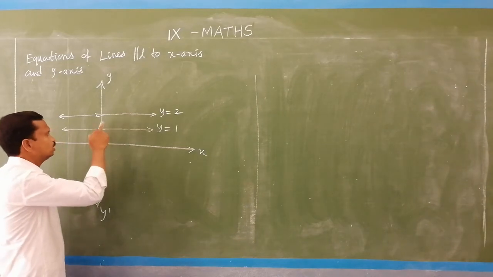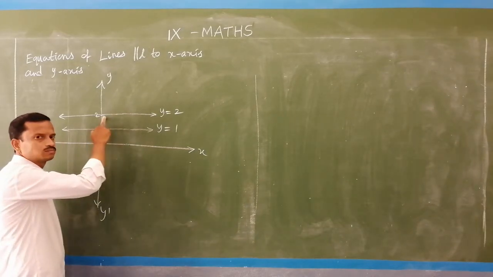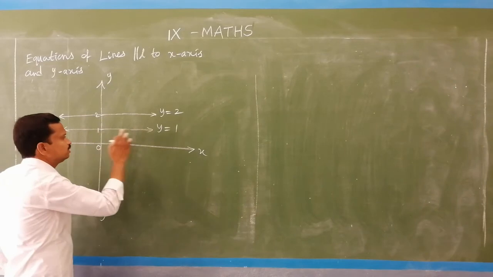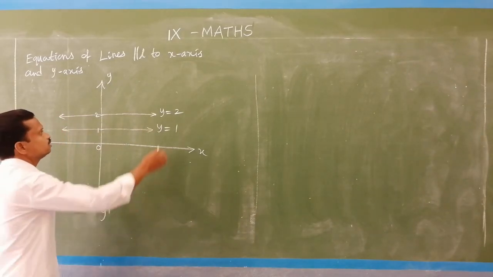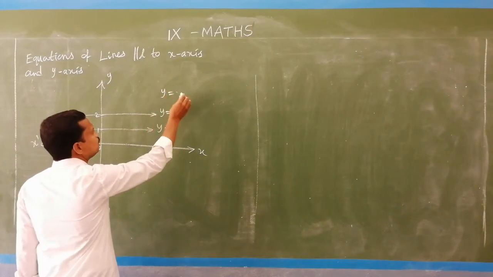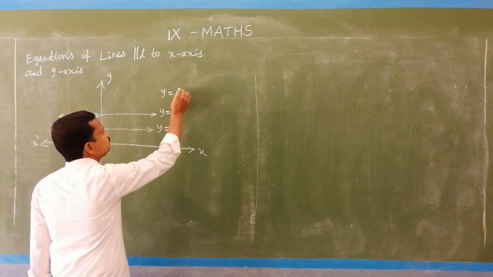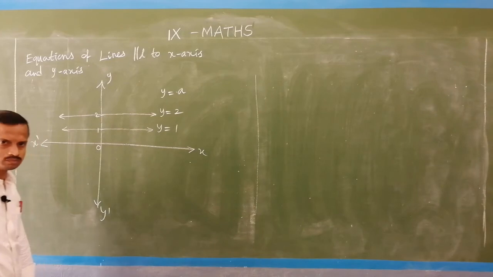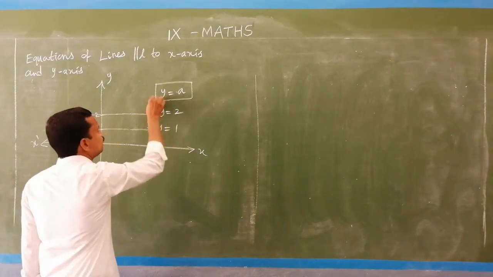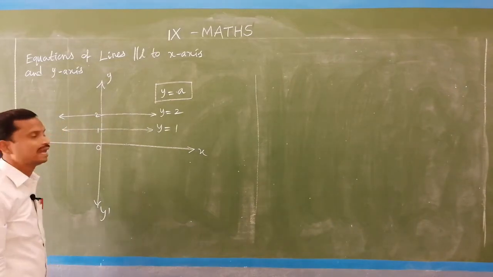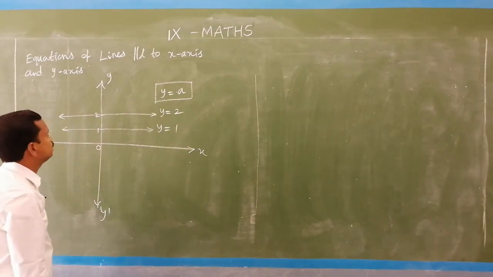So, 0 comma 1 and this is 0 comma 2. So, simply we can write y equal to 1, y equal to 2. Generally, we can say y equal to a constant, any constant, we can say small a. So, this is the equation of a line parallel to x axis.